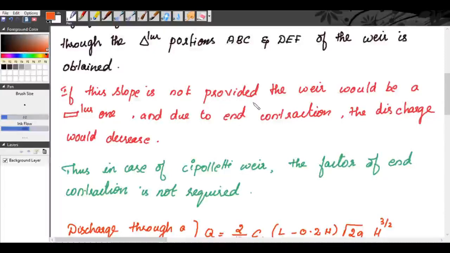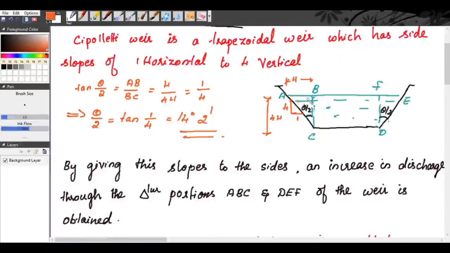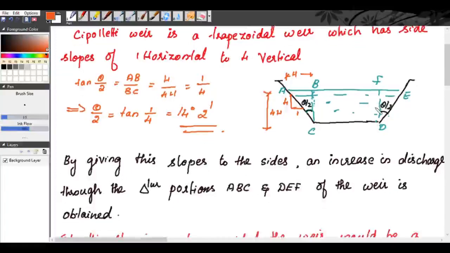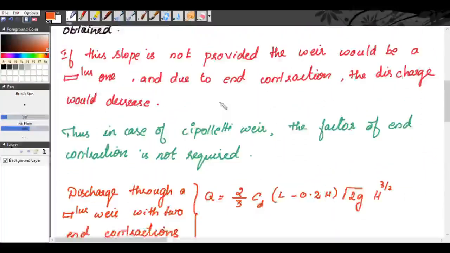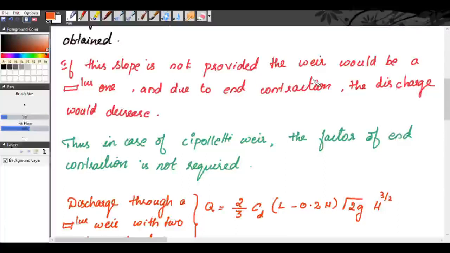If you are not providing this slope of at least 1:4, the weir will be considered as a rectangular one, and the triangular portions will be considered as portions with end contraction. Due to these end contractions, there will be a reduced discharge. So if this slope is not provided, the weir would be a rectangular one, and due to end contraction, the discharge would decrease.